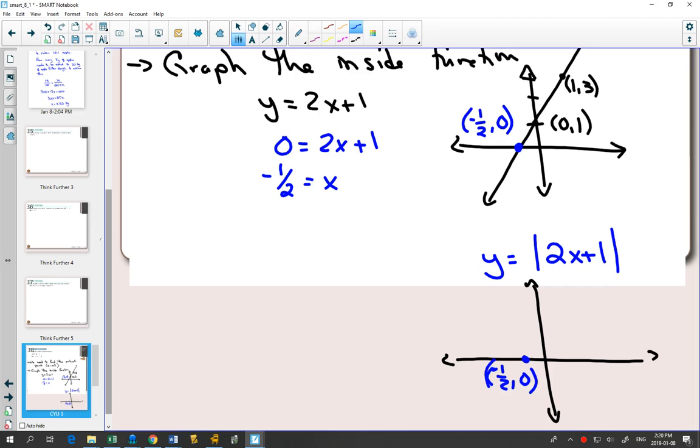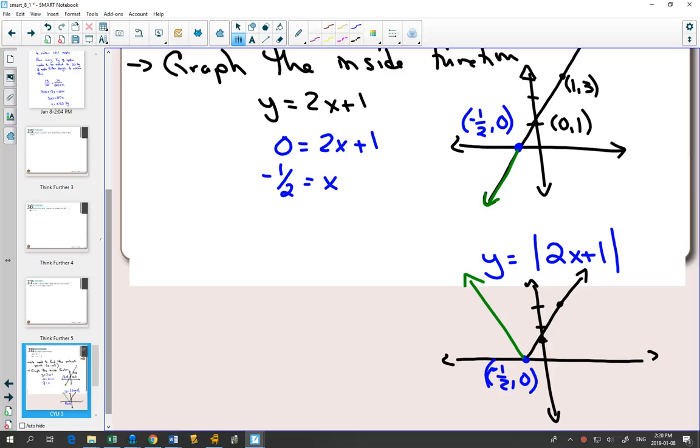There's a negative sign. This section of your graph, the black section of your graph there, would stay the same. But this part that's negative, which I'll highlight here in green, it will get flipped up.